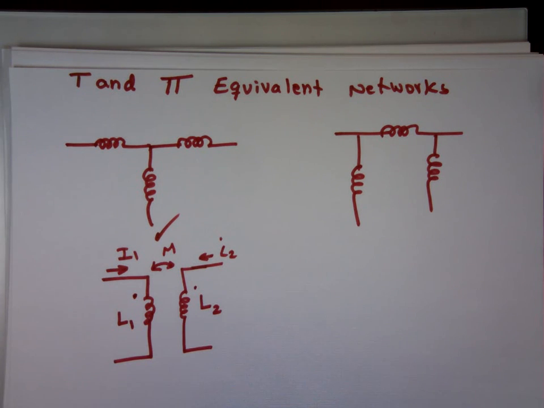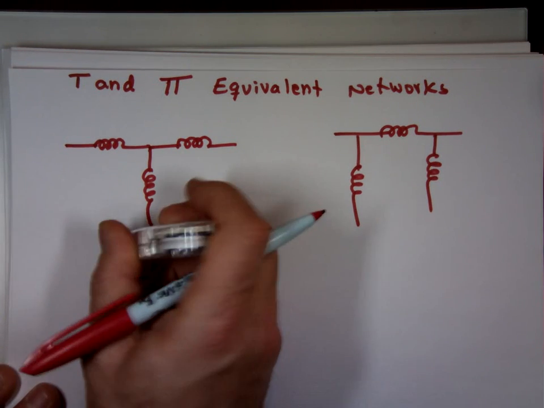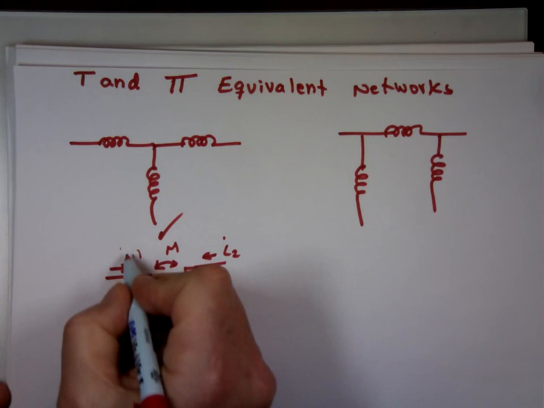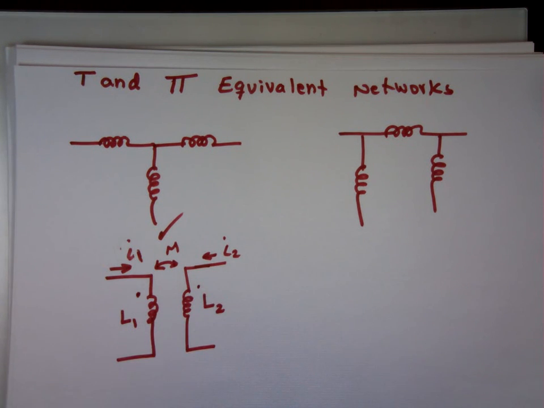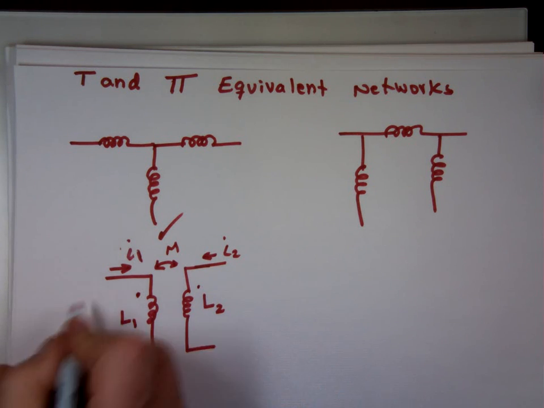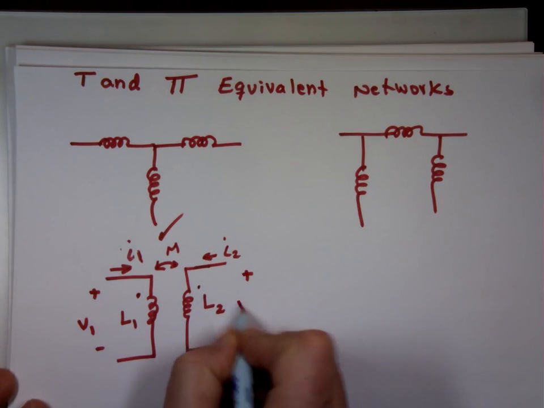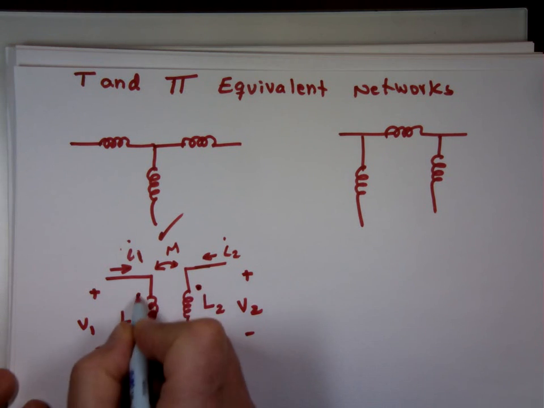We usually use lowercase when we are in time domain, uppercase when we are phasors. So let me just change this back to small i. i1, like this. So this is V1 here, and this is V2. And there's my dot here, and there's my dot here.